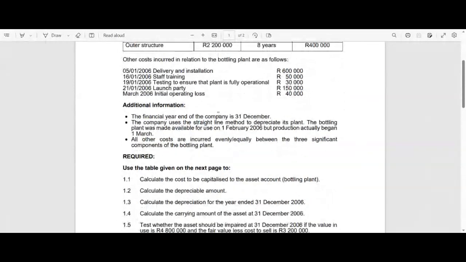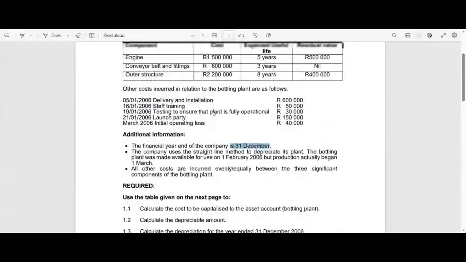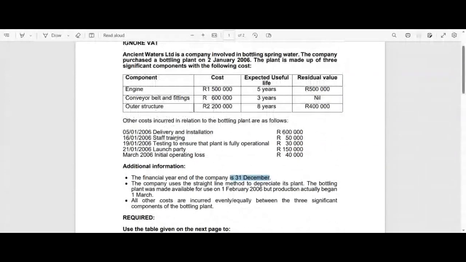They say the financial year end of the company is the 31st of December each year. Now we've got some other dates here as well, but we've got three significant dates that we have to take into account. First of all, the date of the acquisition when we bought that bottling plant. So that's the 2nd of January 2006. That is one possible date.